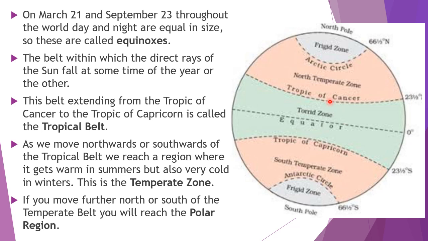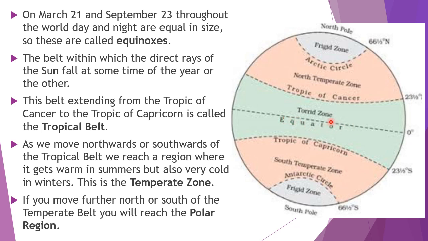Okay, you know that. So as per this, the areas were divided temperature wise. The area between Tropic of Cancer to Tropic of Capricorn is called the torrid zone. That is totally too hot. Okay, and it is also called a tropical belt.